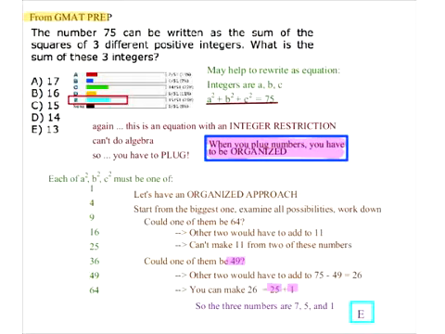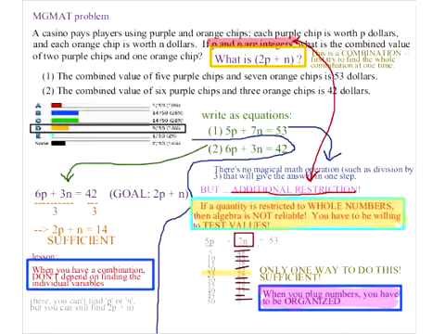Any questions about that? Type them in the text box if you've got them. Again, the signals here are pretty clear. The signals that you're going to have to do this sort of thing are that, as last time, you've got an integer restriction. Restricted to whole numbers, you can't just play around with equations.